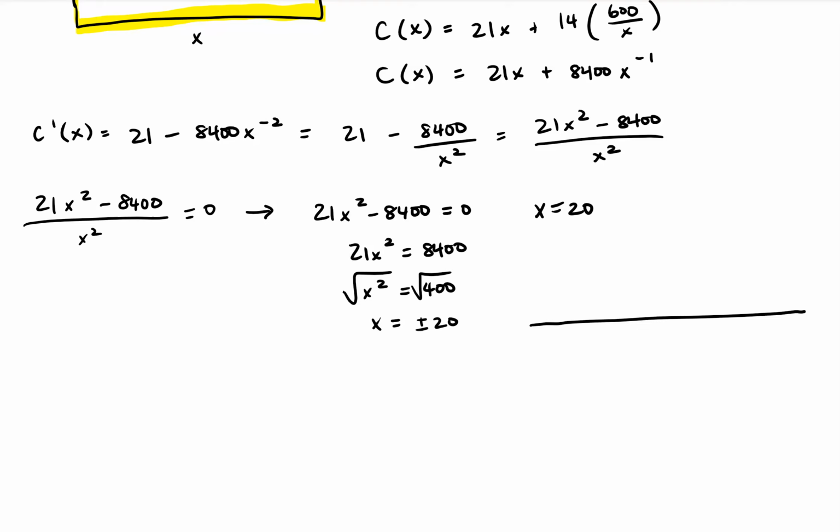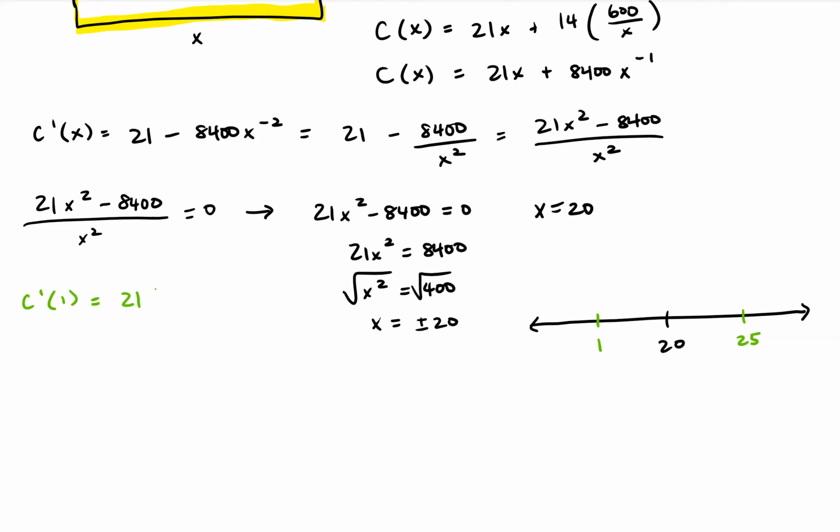Now, we want to test whether that is going to give us a relative max or relative min. So here's 20, and I need to use some test numbers. So let's use 0 and 25. So C prime of 0 is going to be, oh, I can't use 0 because that would give us undefined in the denominator. Let's use 1.